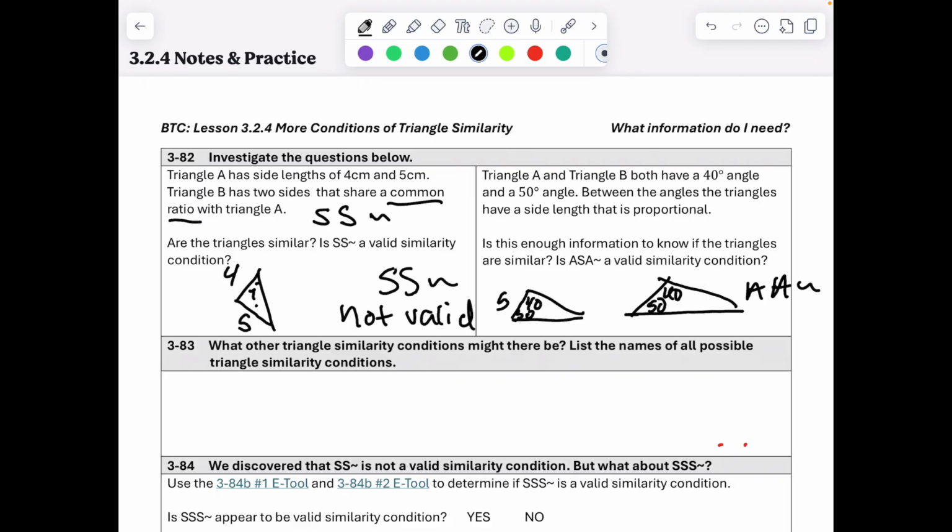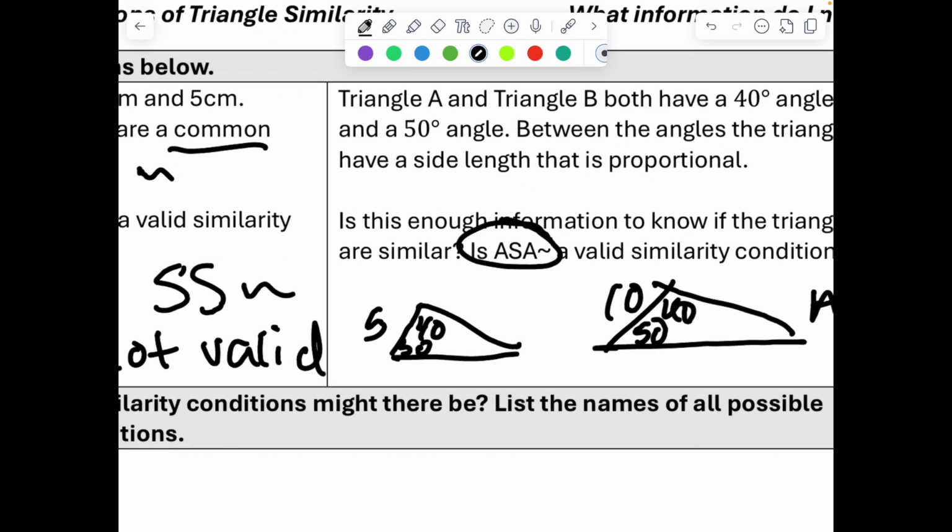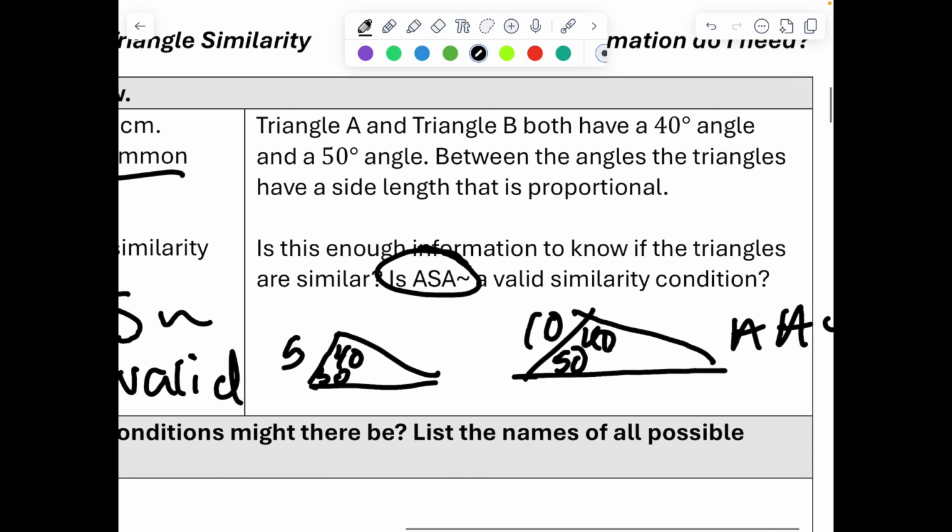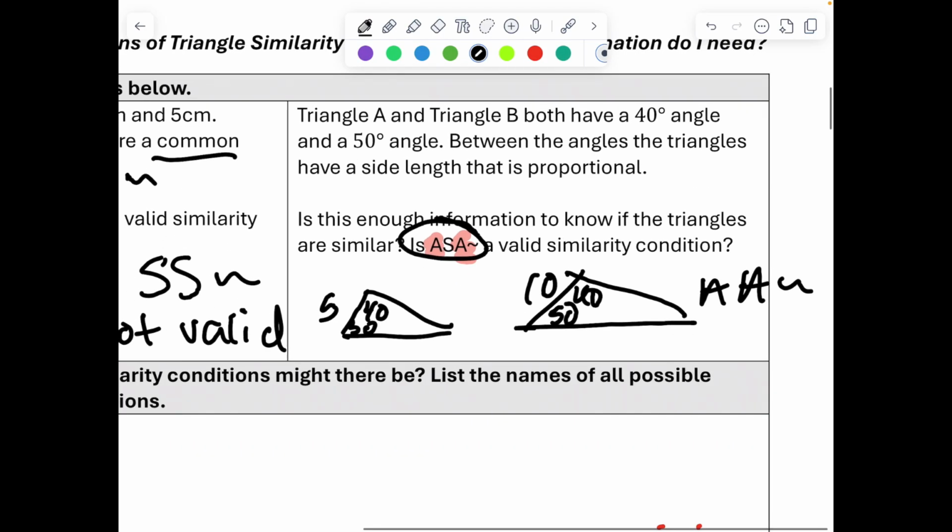If we were given the side in between them, is that a valid similarity condition? Well, technically it is, because it has two sets of angles that are equal. So technically, yes. But that side in there is just extra information that we don't really need. Extra info not needed.